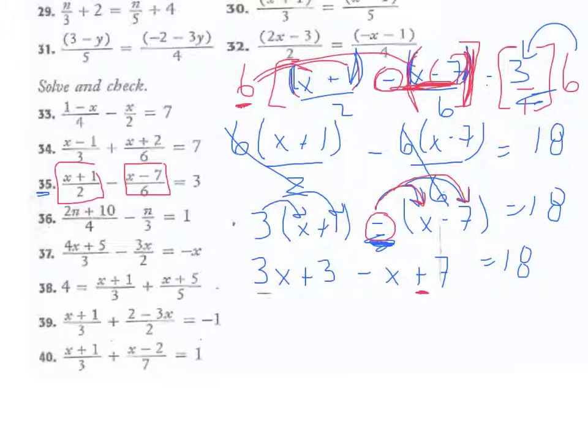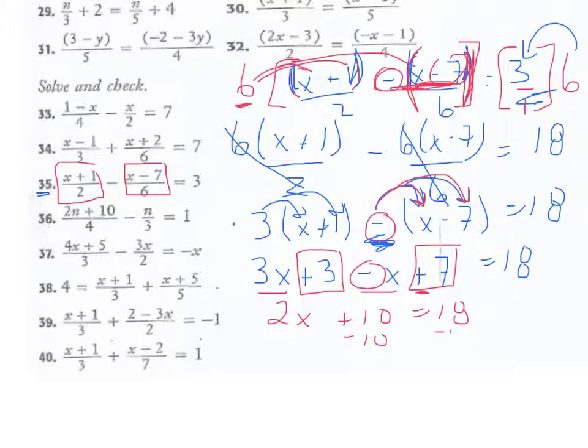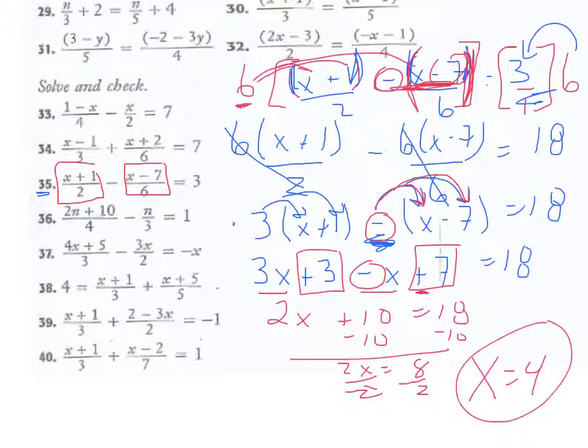I will collect my like terms. 3x minus x is 2x. Plus 3 plus 7 is plus 10. Minus 10, 2x equals 8, and then we divide by 2 and we get x equal to 4.